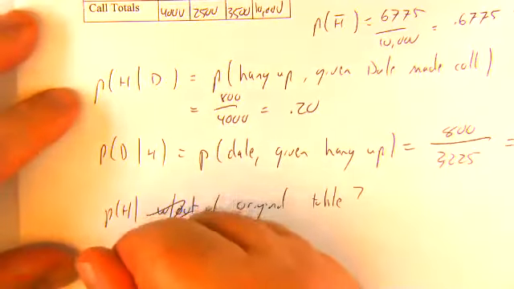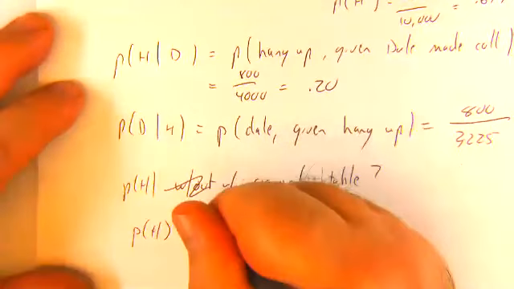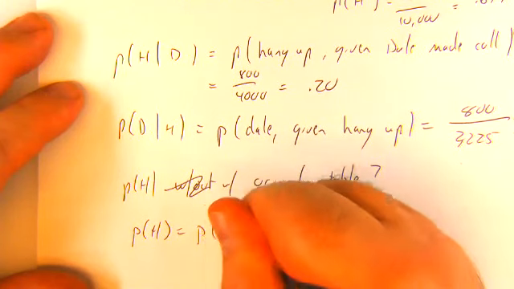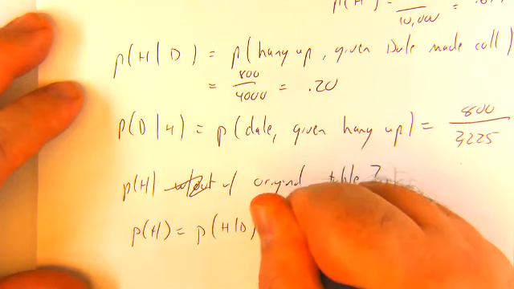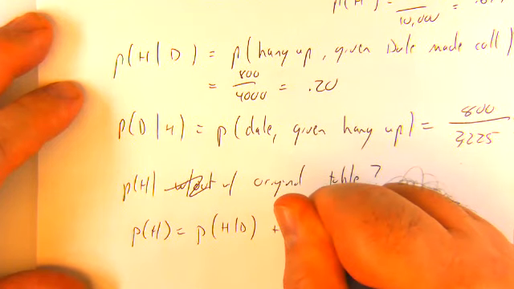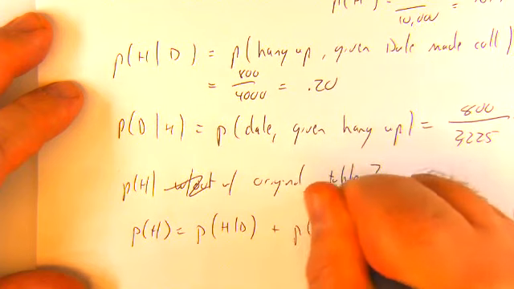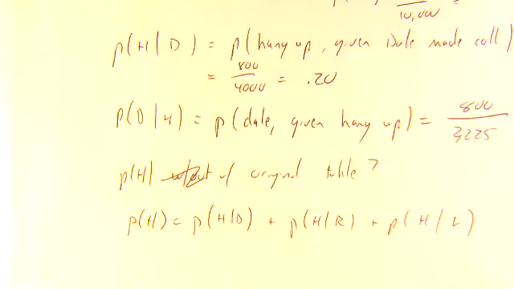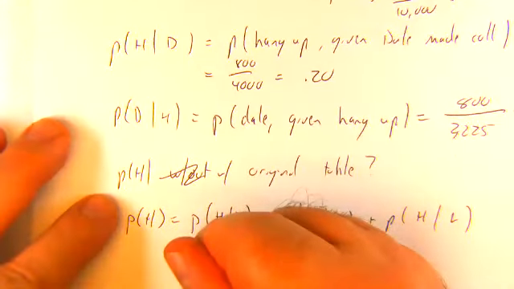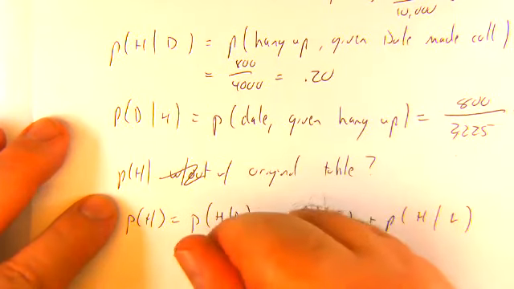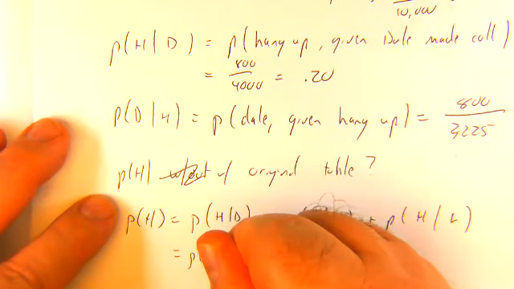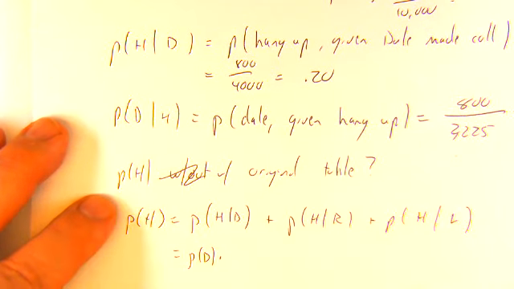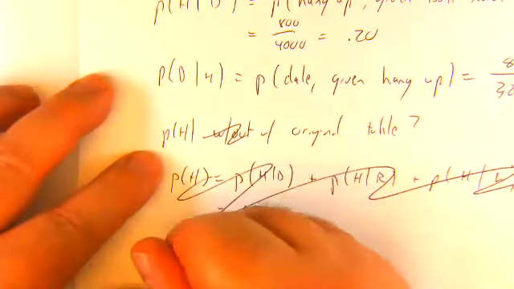So the probability of a hangup is the probability that you got a hangup given that Dale made the call, plus the probability that you got a hangup given that Rusty made the call, plus the probability that Lee got the call. But what's the probability that you got a hangup given that Dale got the call? That's the probability that Dale made the call times the probability that, oh, sorry, got it backwards.